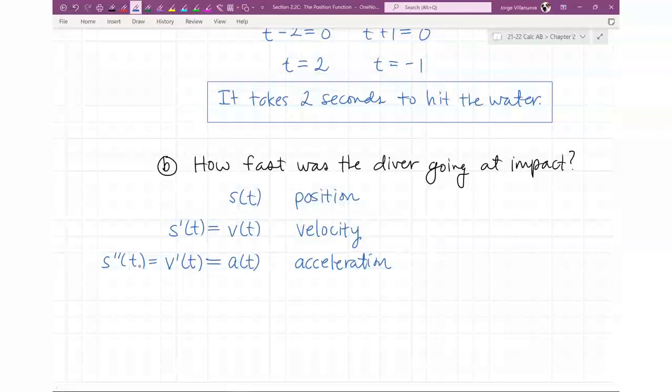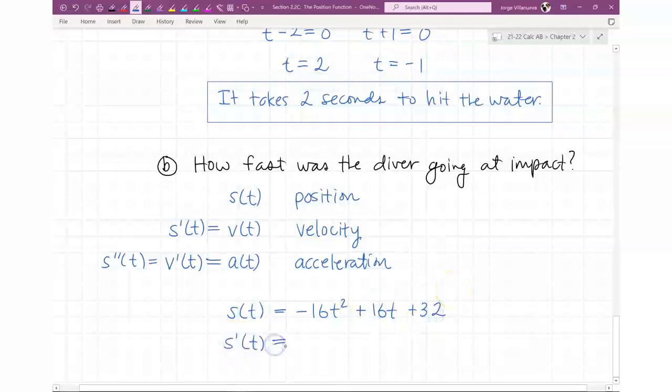They want me to figure out how fast the diver was going. They want velocity. The only thing they gave me was a position function. So I'm going to take a derivative of that position function to find my velocity function. S of t is negative 16t squared plus 16t plus 32.